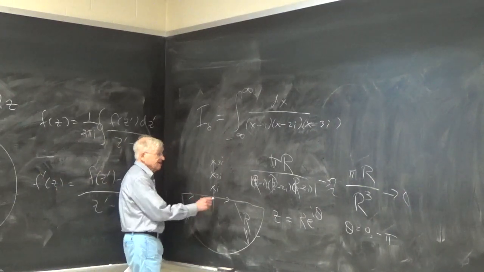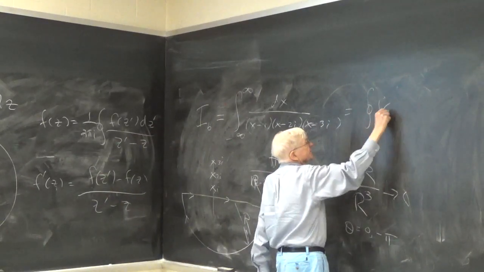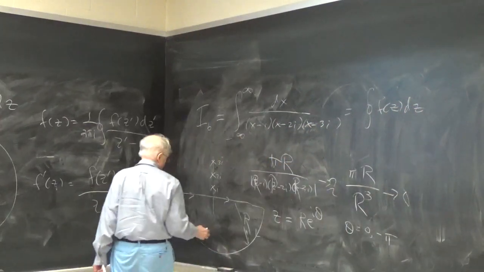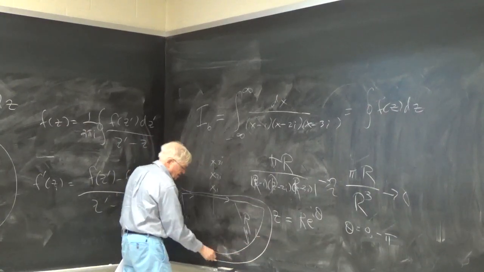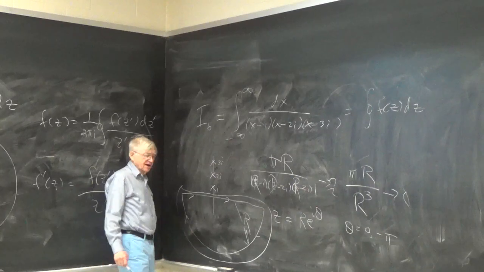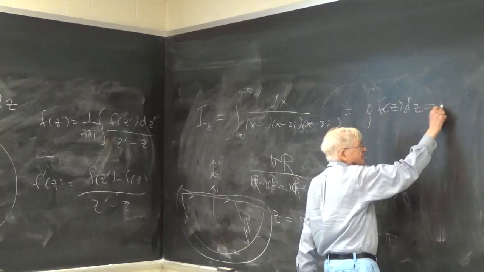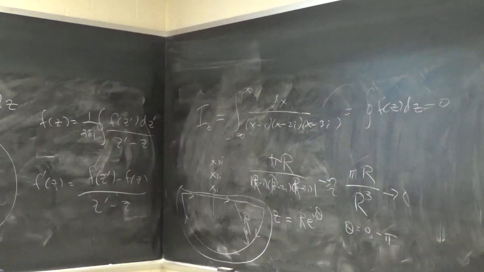So now what we've got is we've rewritten this as an integral of an analytic function in which the contour is entirely within a region in which the function has no singularities. And so this is just 0. So that's an example of how you can avoid a lot of work by adding a ghost contour.